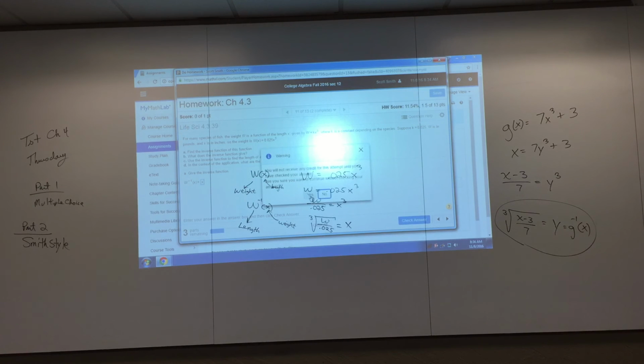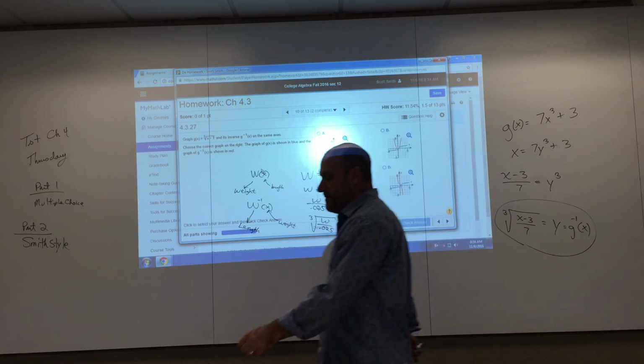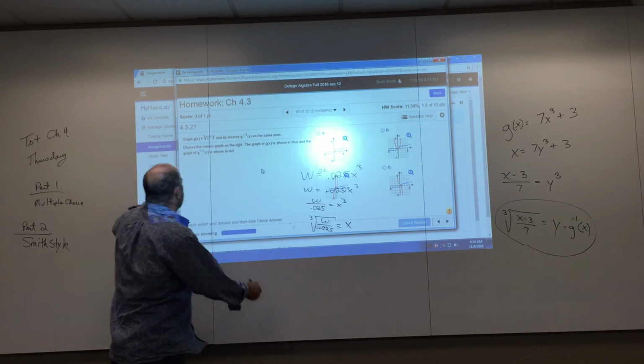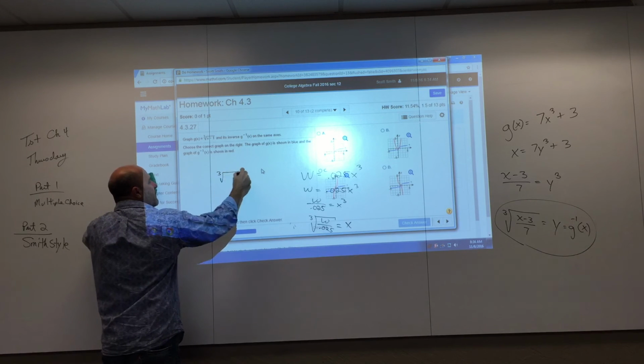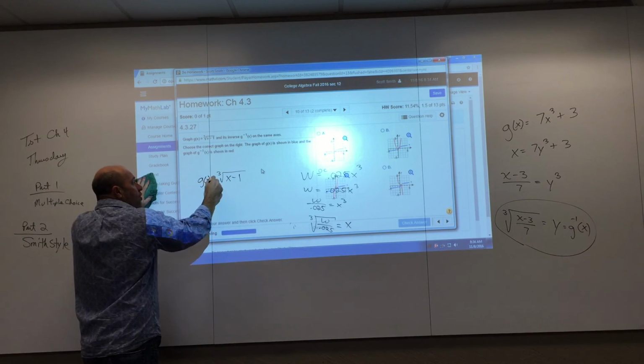That's a good problem. Can you choose this one? This has to do with our shifting and stuff. This is a good little problem. They have this function, the cube root of x minus 1. Listen, this is a function, and we know a little bit about it.